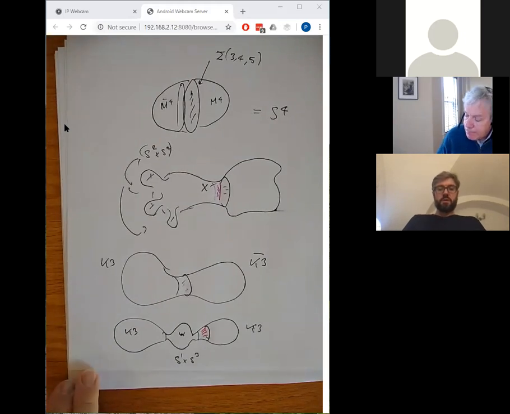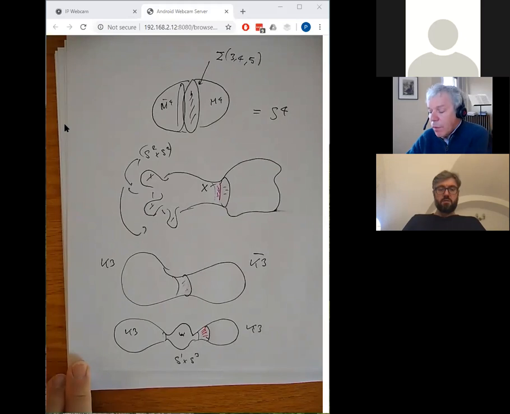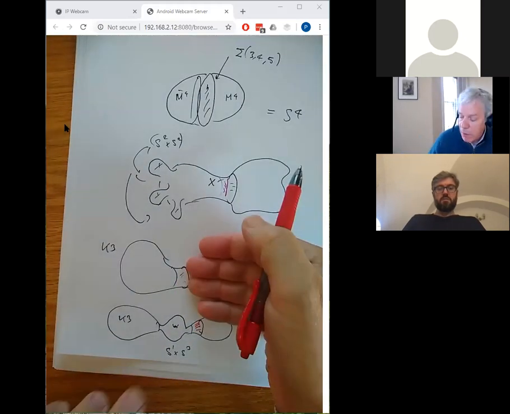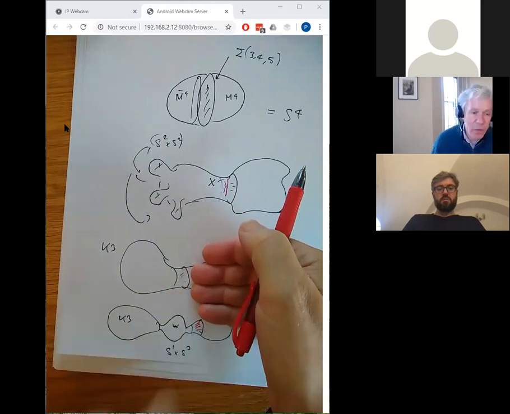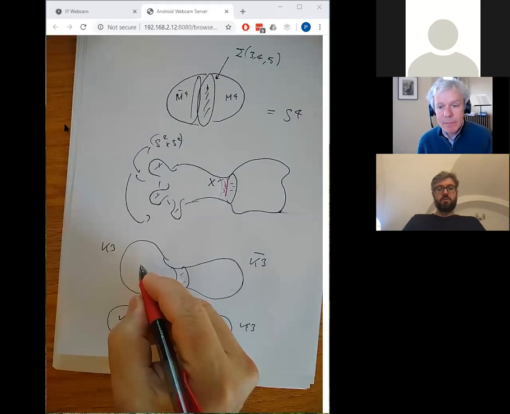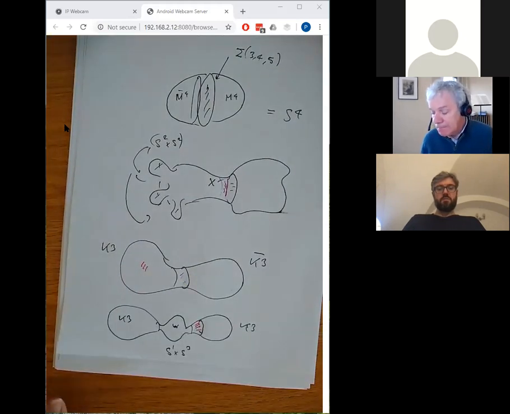I think going back to the simply connected case, I'm happy to conjecture, for example, that the boundary Dehn twist is always non-trivial on a spin 4-manifold with non-zero signature. I just don't know about that.